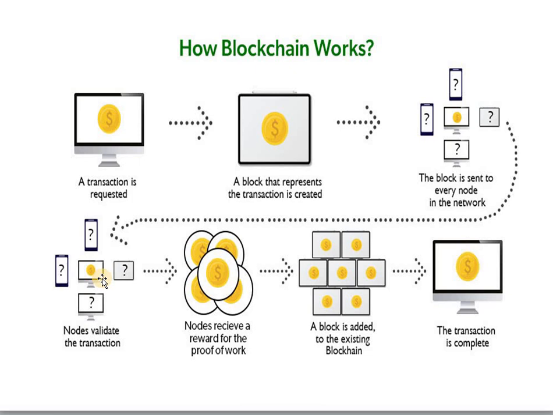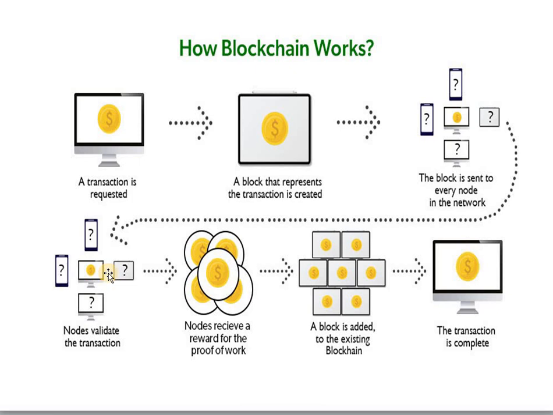That means that node validates your block and your transaction, and that node shares the message into the peer-to-peer network. That means the block is validated and the transaction made by the person is a valid, legal transaction. Once the validation process is complete by a single node, that node receives a reward for the proof of work, because the node tries to earn from blockchain technology, and that's why they take part in the process of validation.